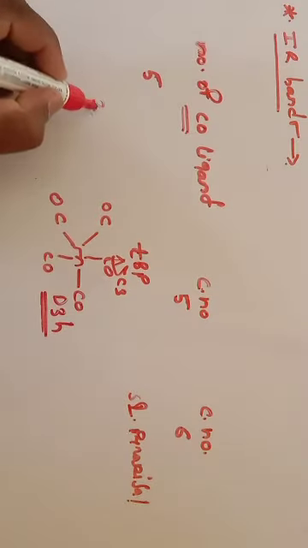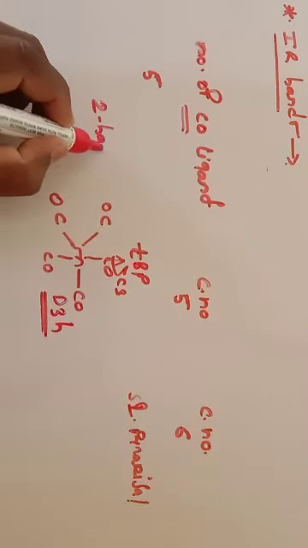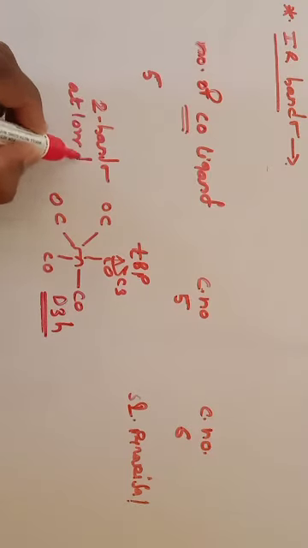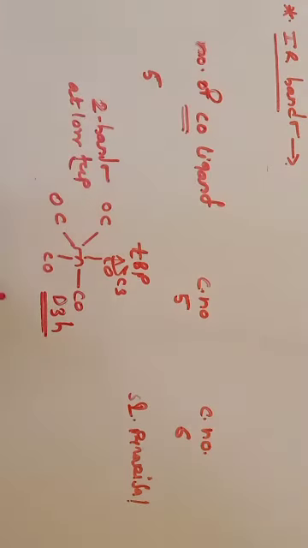So we get two IR bands at low temperature, because one IR band is due to the axial carbonyl and another IR band is due to the equatorial carbonyl. So at low temperature we get two IR bands. And the point group is D3h.